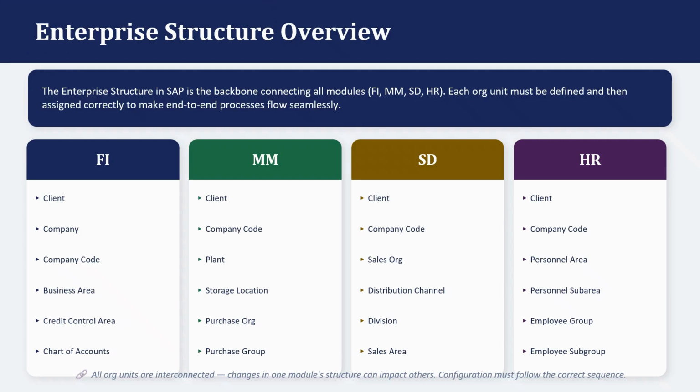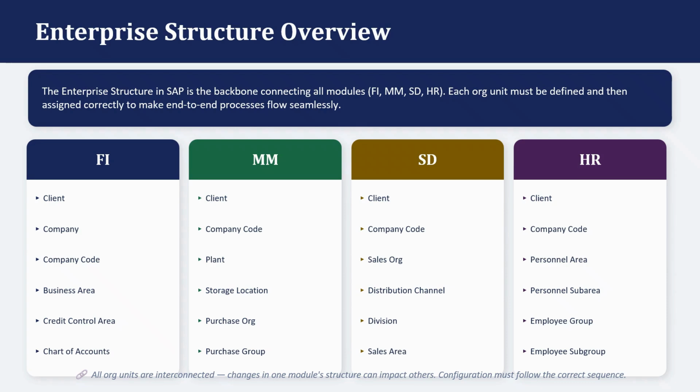The enterprise structure overview. The enterprise structure in SAP is the backbone connecting all modules: FI, SD, and HR. Each organization unit must be defined and then assigned correctly to make the end-to-end process flow seamlessly. FI: the client, company, company code, business area, credit control area, chart of accounts.